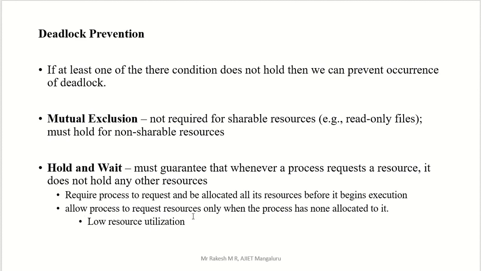That means if that process is requesting another resource, that request will be done only when the process has none allocated to it. No other resource is allocated to that particular process, then only it is allowed to request another resource.